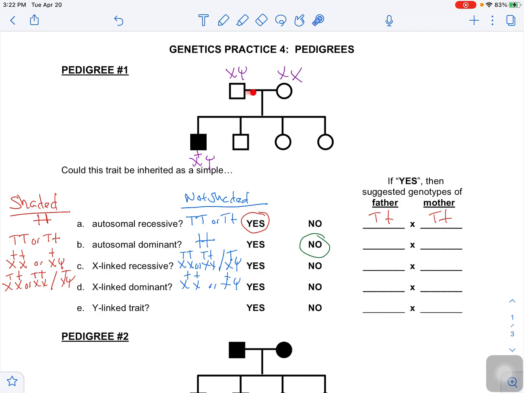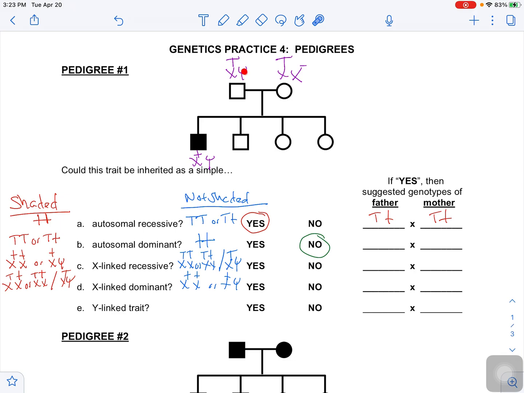And because these are not shaded, we would know that they're not recessive X's, but dominant X's. So he has a dominant X. We know she has a dominant X, but we don't know the other one. So we've got to figure out if we can determine what that is.